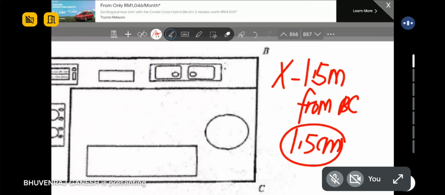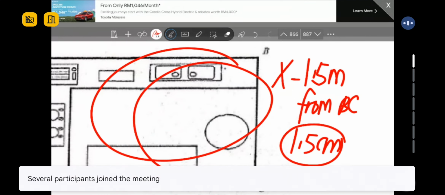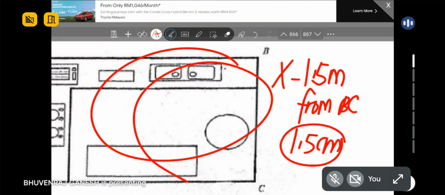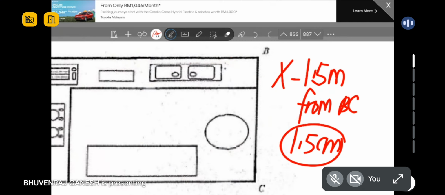Just assume, kamu anggap 1.5 cm tu menggambarkan 1.5 meter. Faham? You must assume that 1.5 cm over here is 1.5 meter. Means in real life, dalam kehidupan sebenar, dia 1.5 meter. Tapi, bila lukis dalam lukisan berskala, 1.5 centimeter. Faham? Do you guys get the concept?